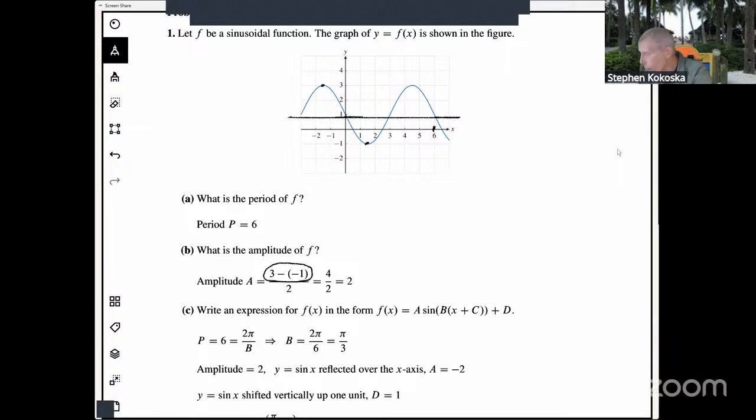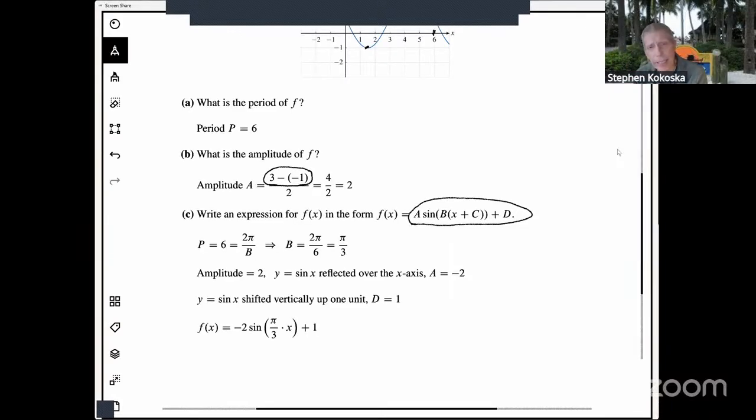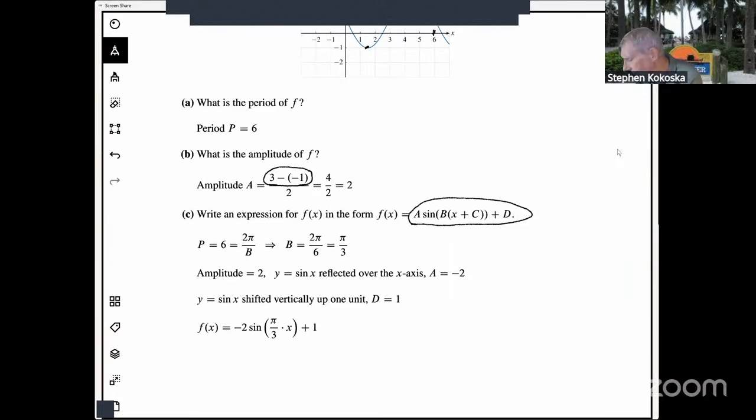So I'm on my way to getting this formula. What I'd like to do is arrive at a function, a formula like this, that will describe that figure up there. I know that the period P is equal to 6, and I think the best way to remember this is that the period is 2 pi divided by this constant b out in front.